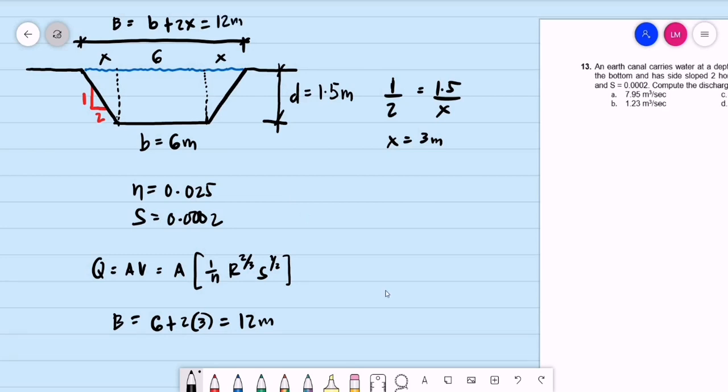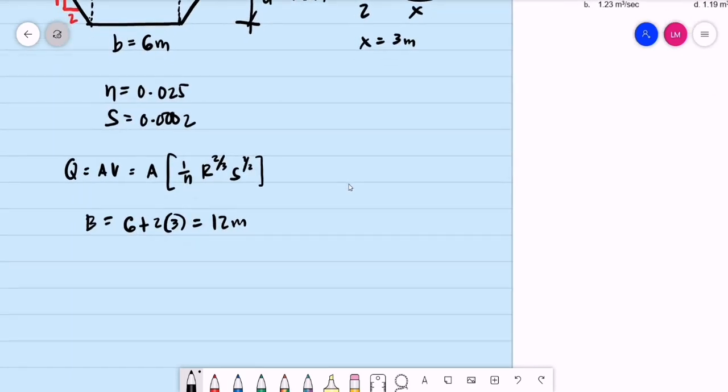Now we compute the area of the trapezoid. The area is equal to the average of the parallel bases multiplied by the depth. Our top base is 12, our bottom base is 6, divided by 2, and the depth of flow is 1.5.